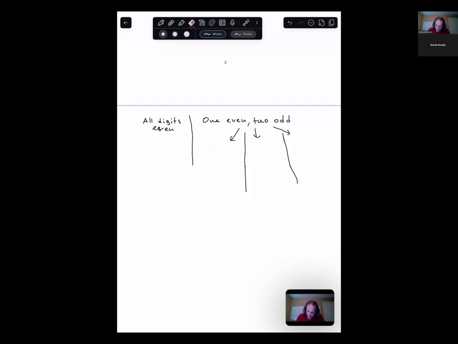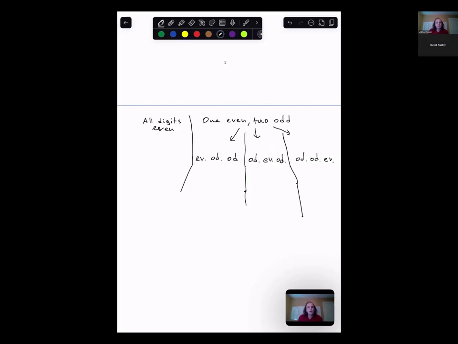So I can have the even on the first place: even, odd, odd. I can have it on the second place: odd, even, odd. And I can have it on the last place: odd, odd, even. So these are going to be the four different options, and we'll count them separately.